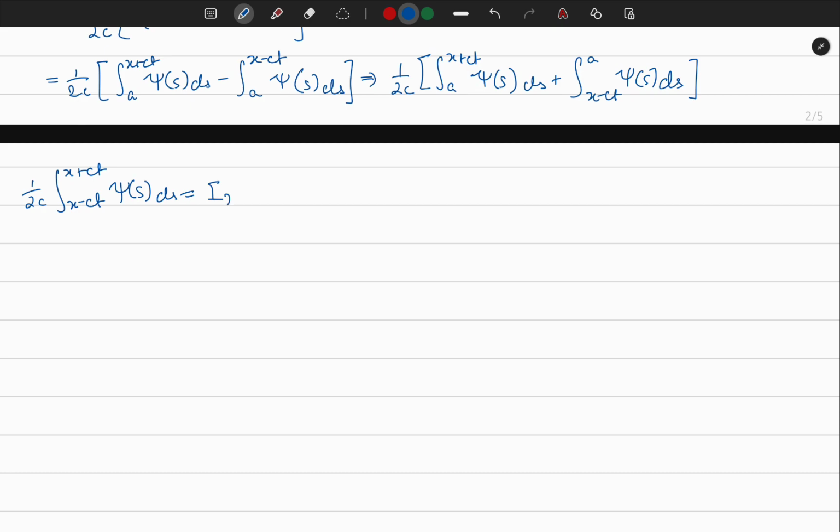And this is equal to I2. And thus, we'll have that u of x,t is I1 plus I2.